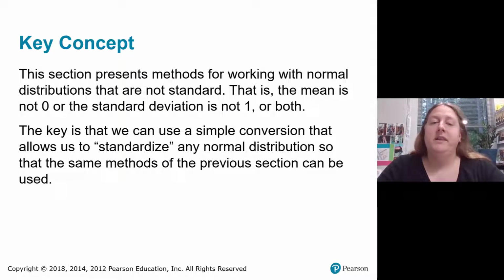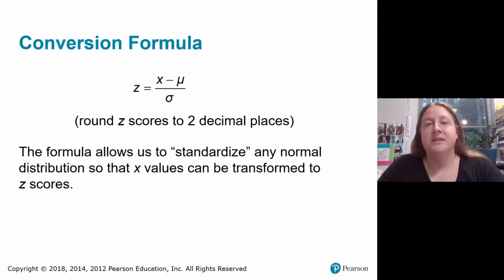With real applications, it turns out that oftentimes the mean is not 0, or the standard deviation is not 1, and very often both of those things are true. So we're going to look at how we can standardize any normal distribution so that we can use all the same methods that we learned last time with the standard normal distribution to solve problems related to those probabilities.